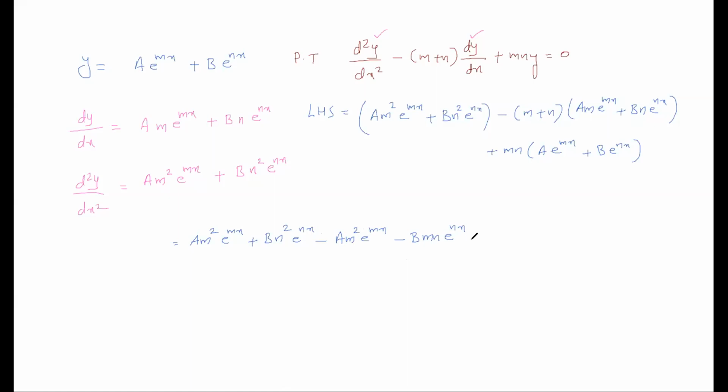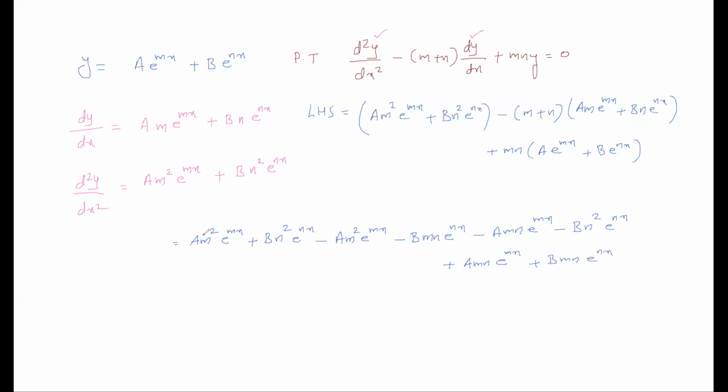Multiplied by m, now by n: minus a m n e to the power mx, minus b n square e to the power nx. And again the third time, m n into a, that is a m n e to the power mx plus b m n e to the power nx.